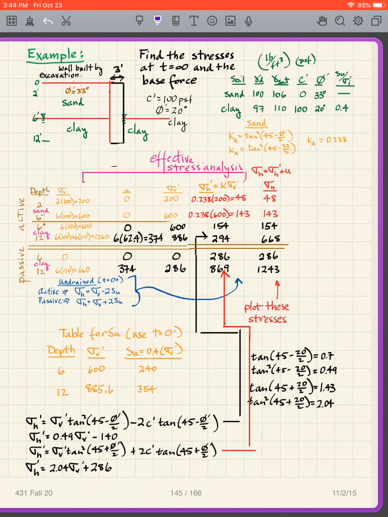The wall is built by excavation, which means that my T equals 0 plus situation has sand here. My T equals 0 minus situation has sand on both sides here. My T equals 0 plus situation excavates all of this. So that is removed.